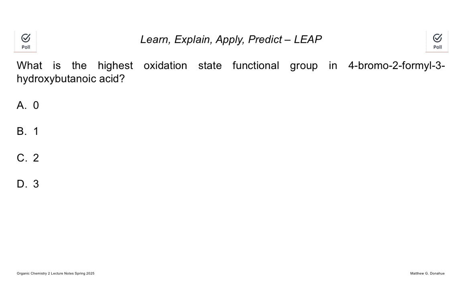So let's convert this name here to a structure, and then we'll go ahead and answer the question. In doing that exercise, 4-bromo, 2-formyl, 3-hydroxy butanoic acid. So we start with the end. Butanoic acid, that's a 4-carbon chain, butane.